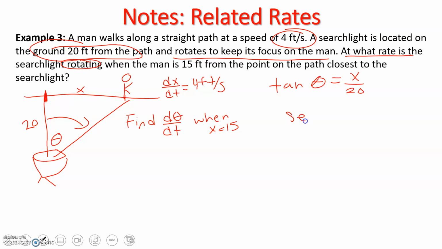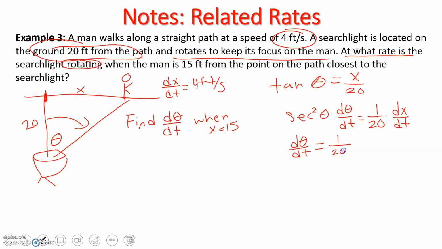Differentiating both sides, we get secant squared theta d theta dt is equal to, and the derivative of x is 1 dx dt, but this is 1 over 20 times the derivative of x, so it's 1 over 20 dx dt. Okay, we would like to solve this equation for d theta dt, so we're going to divide both sides by secant squared theta.